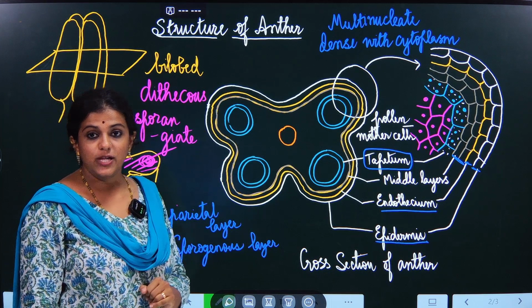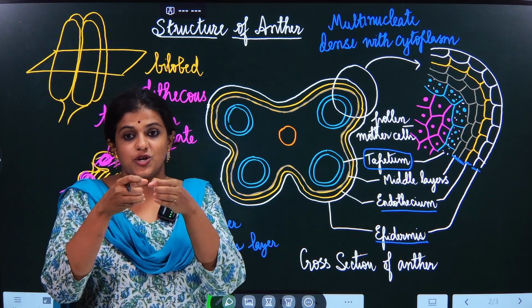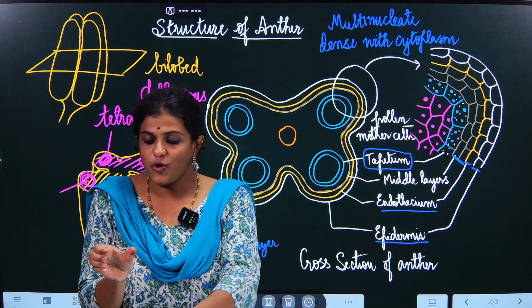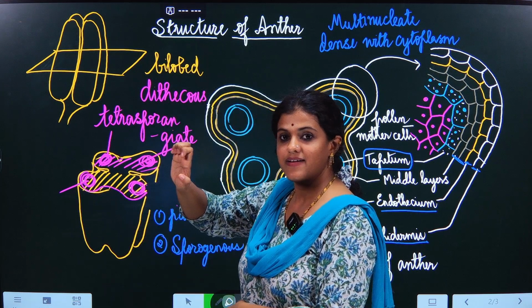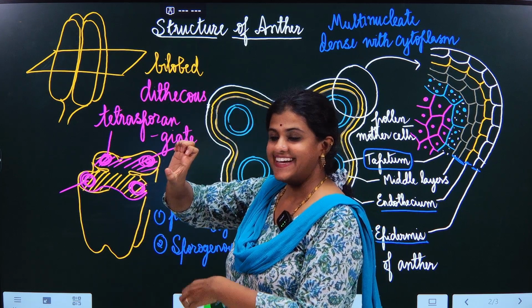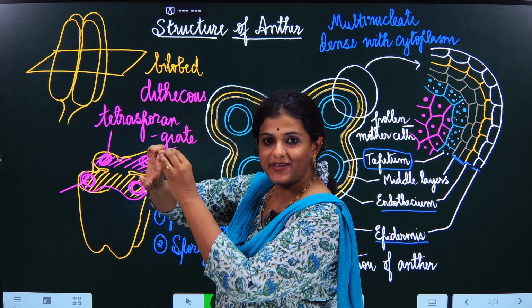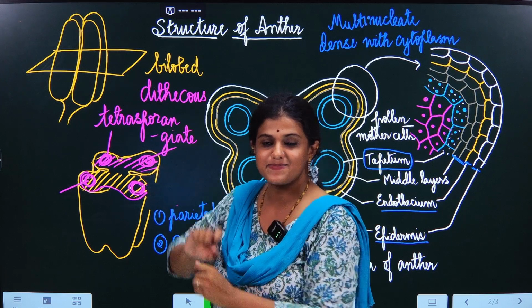So the anther is bilobed. Bilobed means it has 2 lobes, and each lobe, if I hold it like this, how does it look? One theca is present here, another theca is present here.